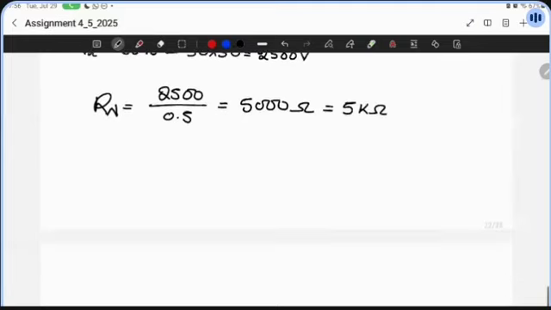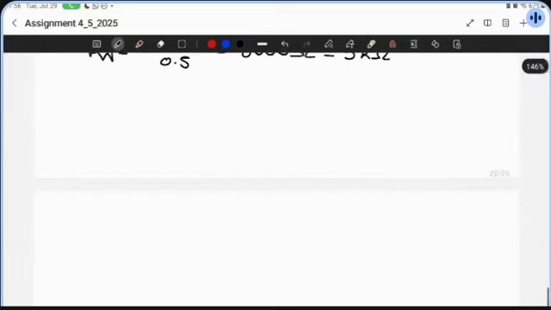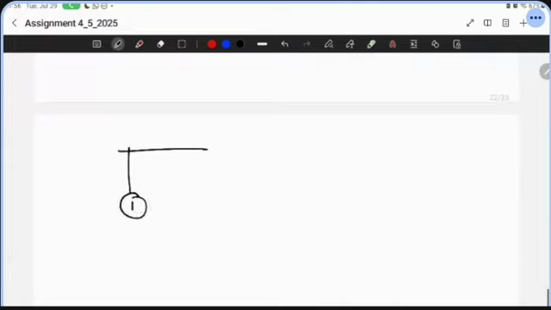So we now have I Norton and R Norton. So our circuit then becomes I Norton 0.5 amps, and then this is 5 kilo ohms.